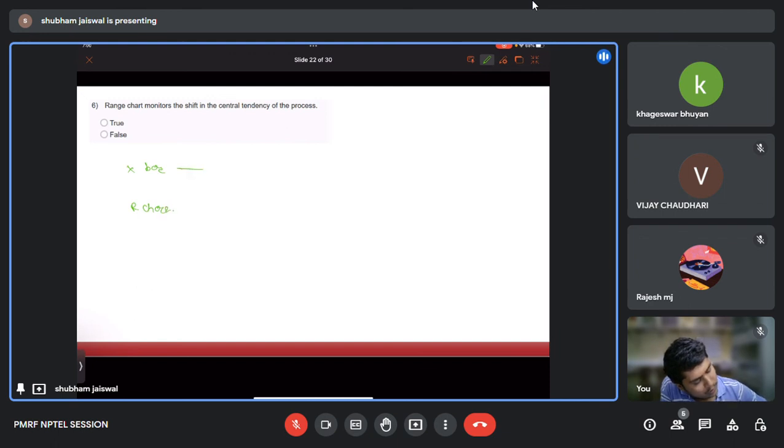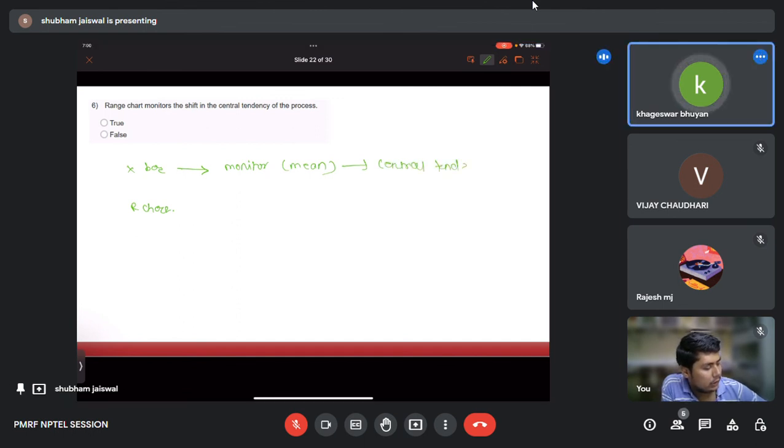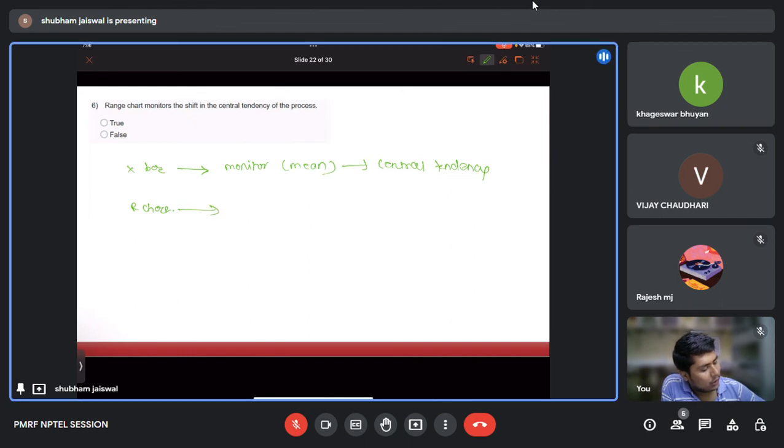The X bar chart we use to monitor the mean, which is the measure of central tendency. In the R chart, we monitor the dispersion of the process.